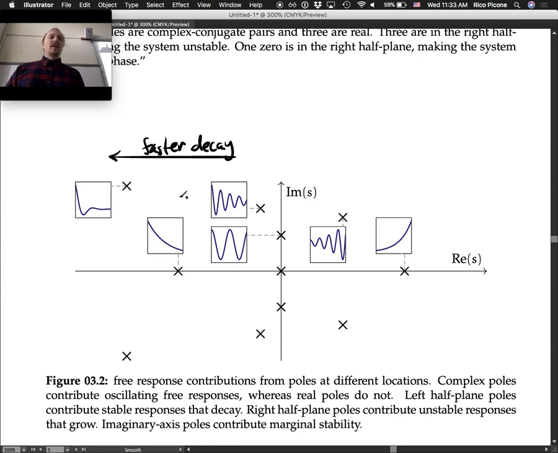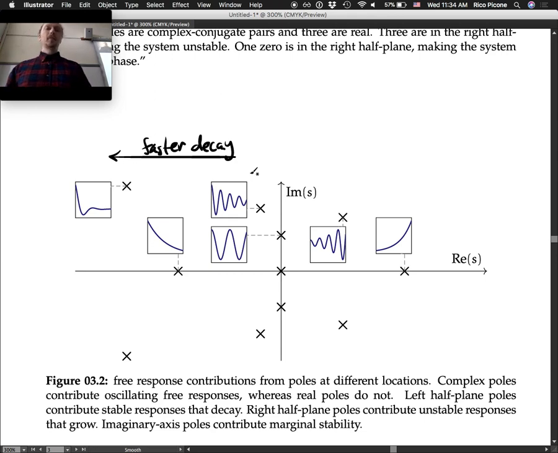So the faster decays happen way out here, and the slower decays happen closer and closer to the imaginary axis. Let's look at another complex conjugate pair that's closer to the imaginary axis. This one also oscillates, but notice that it has a slower envelope. It's decaying slower than the complex pair that's out here. So this is a slower decay. Still has oscillation, slower decay.